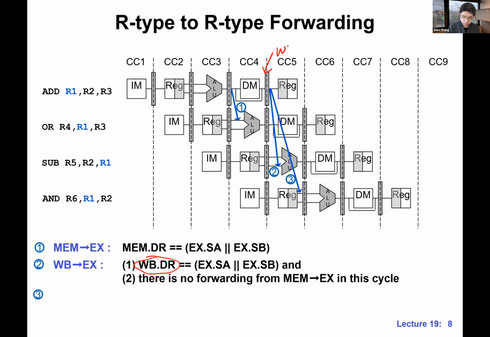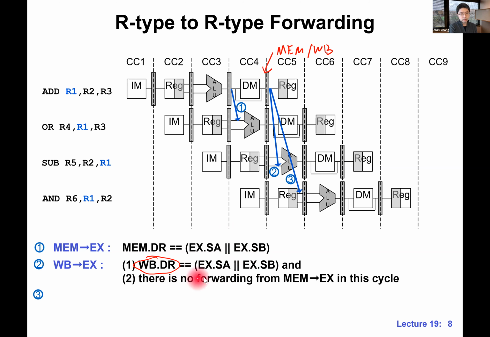Page 3. MEM/WB, this is where we store the decoded information of the instruction. We need to check whether there's a match or not. If there is, we may need to forward.